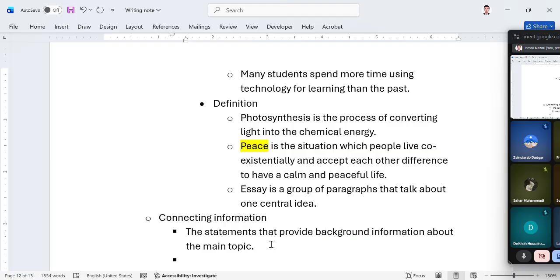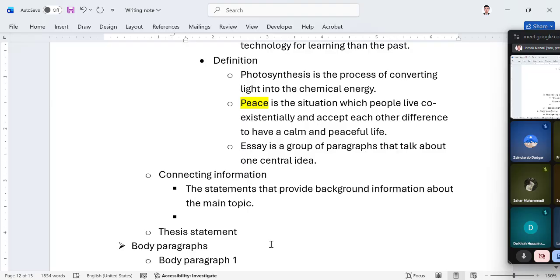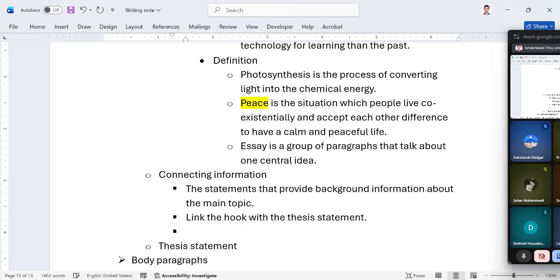Sometimes it is also called links. It links the hook with the thesis statement. It just works as a connector between the hook and the thesis statement.